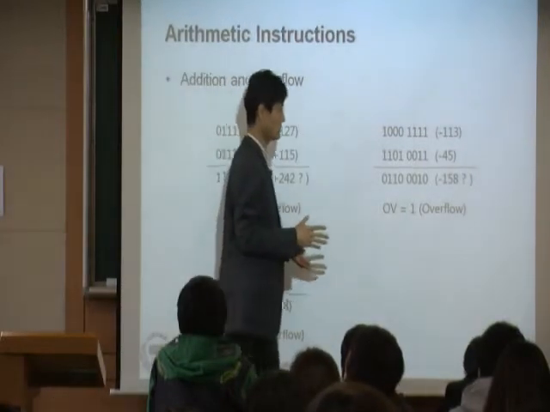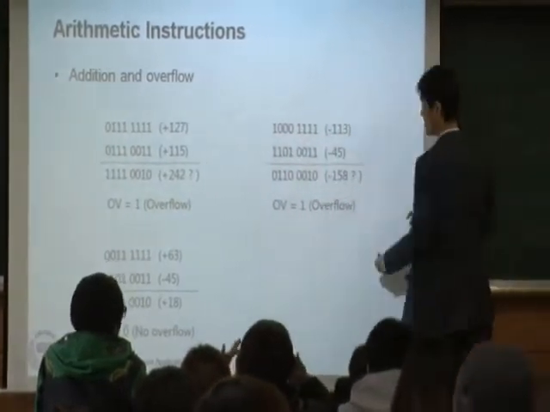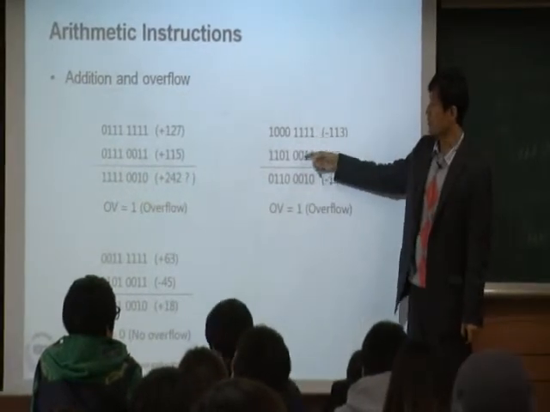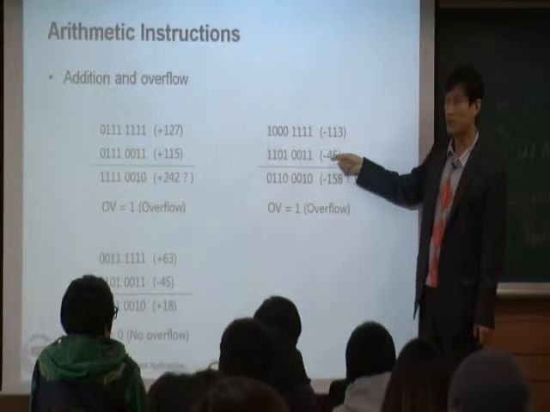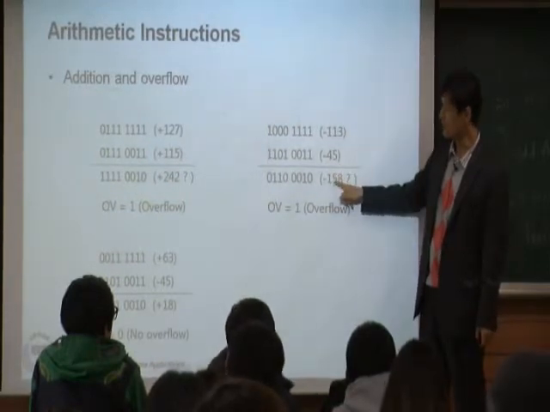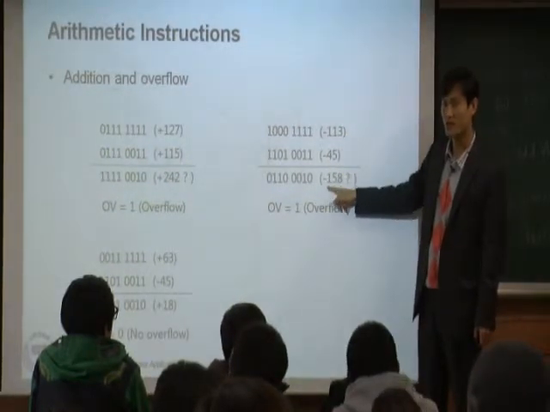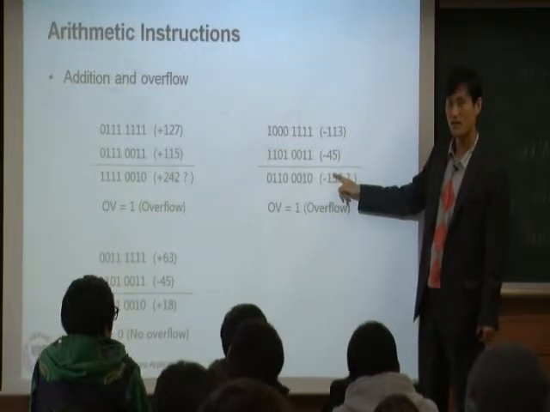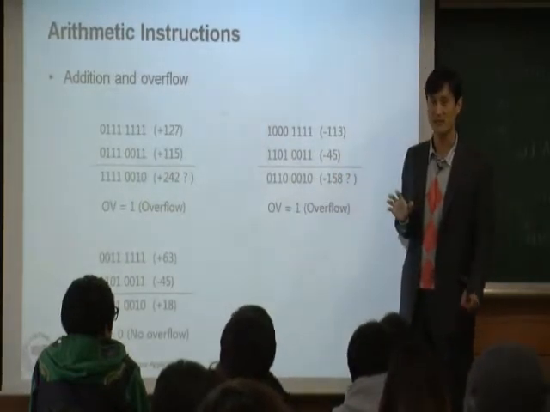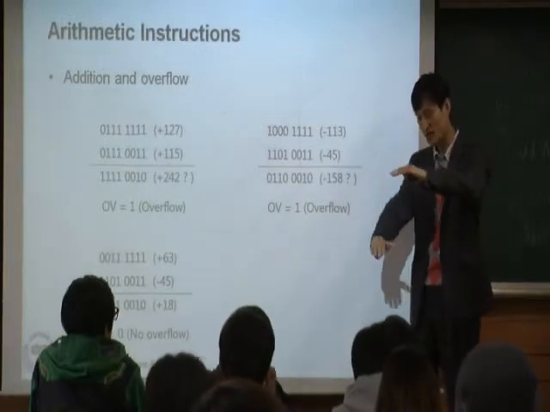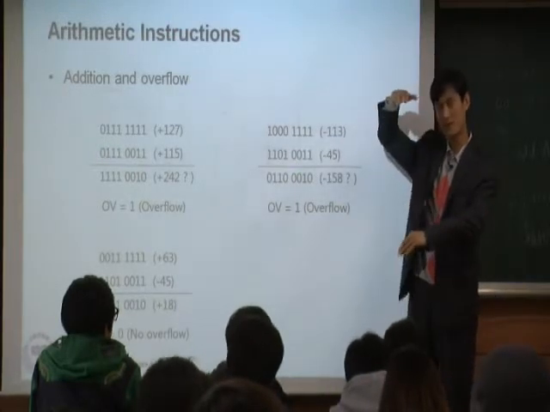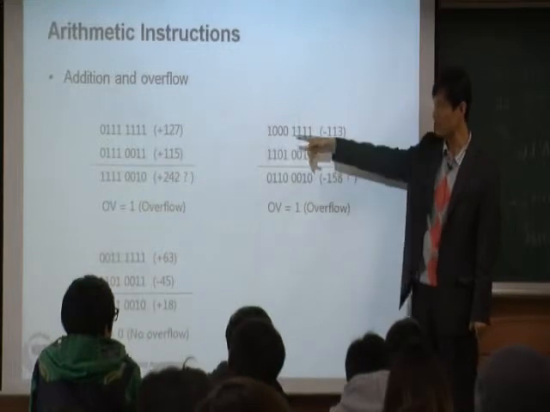Same here actually. Both ones are negative values. And when you add these two negative values, the output is supposed to be another big negative value, but actually it becomes positive. Same way, negative plus another negative becomes a positive value. So it's the same condition.